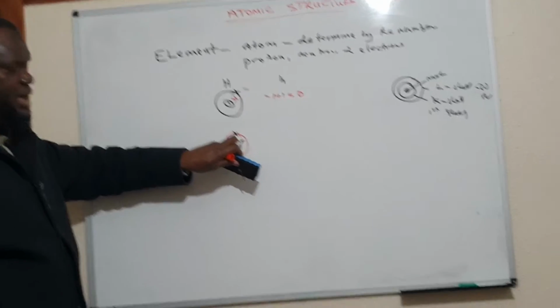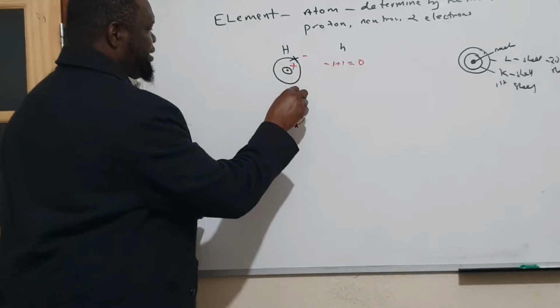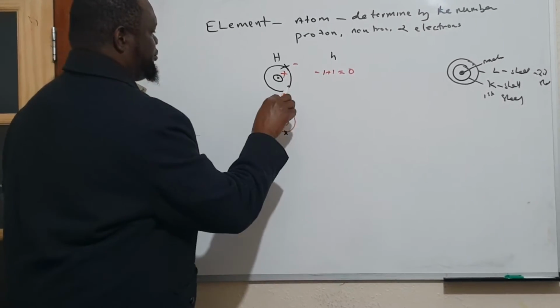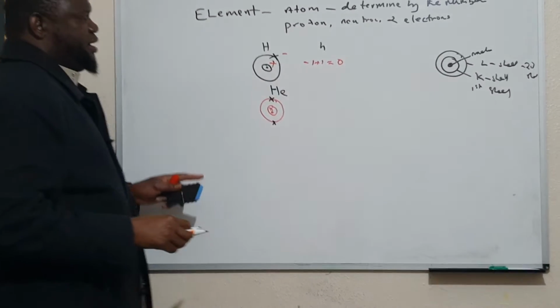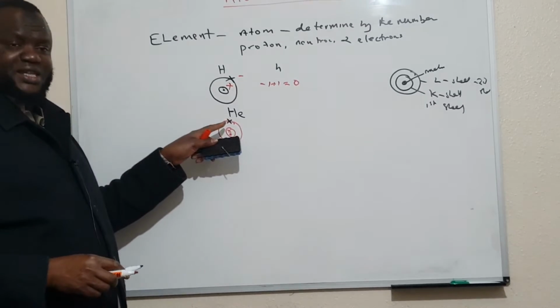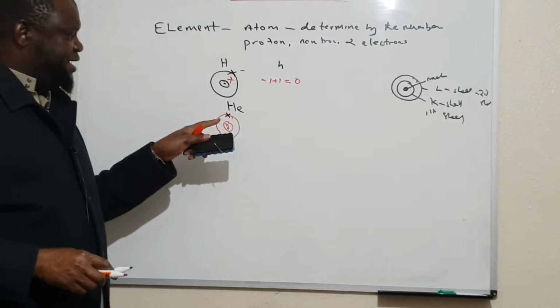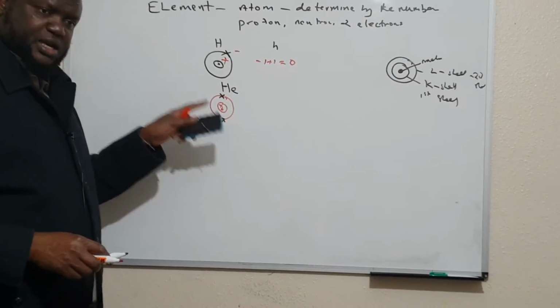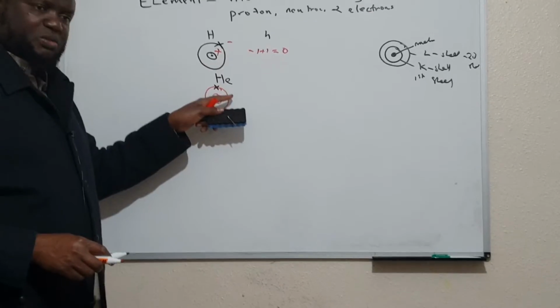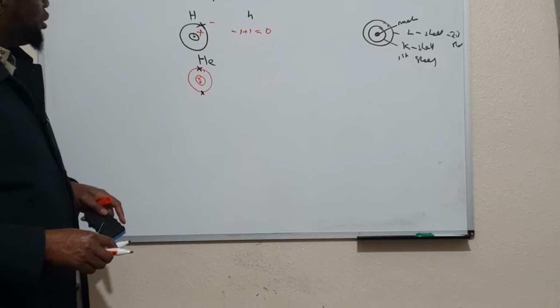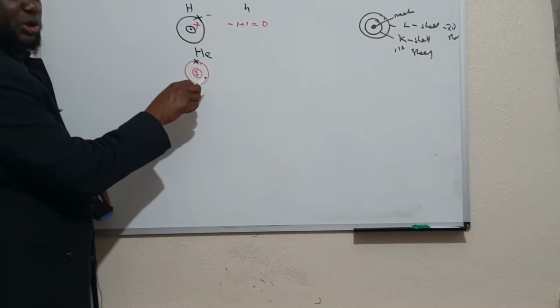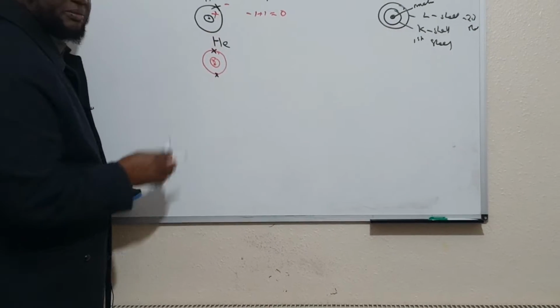Helium is written like this: He. If an element has 2 letters, the first one will be capital and the second one will be small, lowercase. Since it has 2 protons, they call it helium.